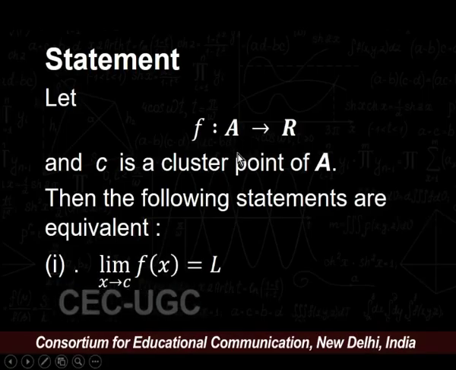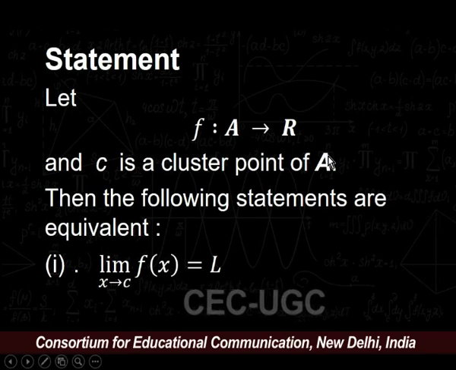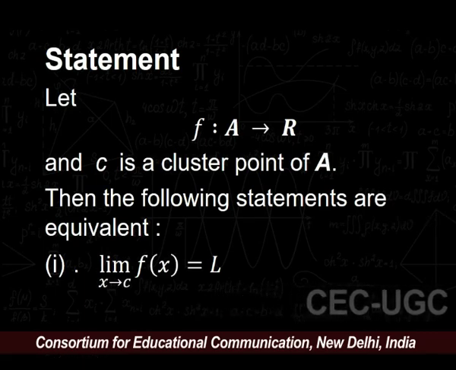Let us recall the statement of sequential criteria for limits. The statement is, if we have a function f from A to R and C is a cluster point of A, then the following statements are equivalent.